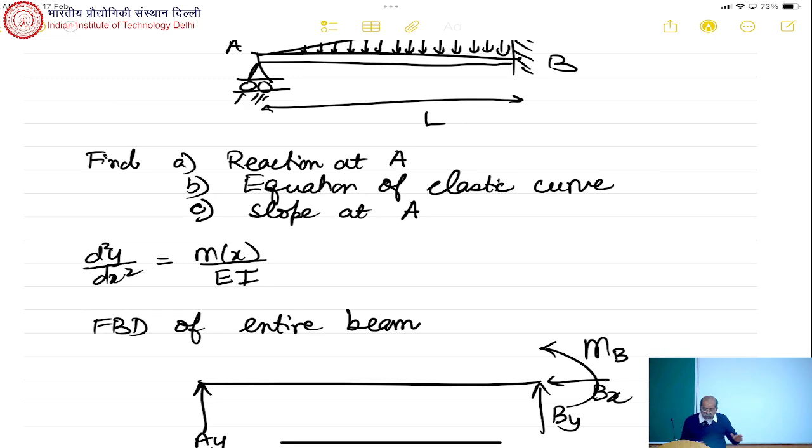First I draw the forces due to the supports. At A, I have an AY. At B, there is a BX, BY, and a moment about B.